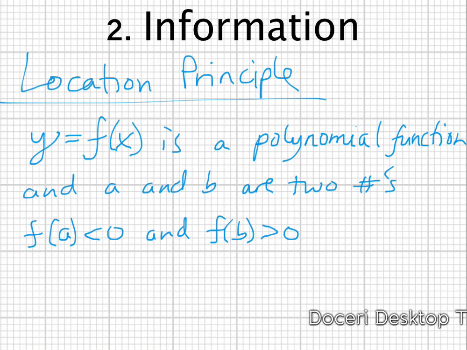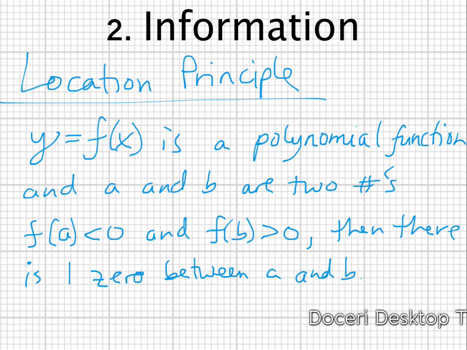That means I substitute in b into my function and I get a positive number, then that means there's guaranteed to be one zero between a and b. Okay? And I'll show you an example of this.